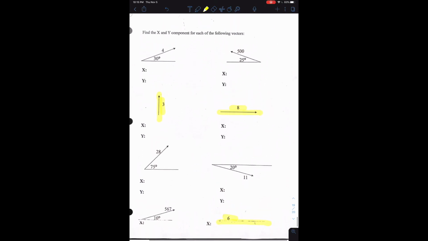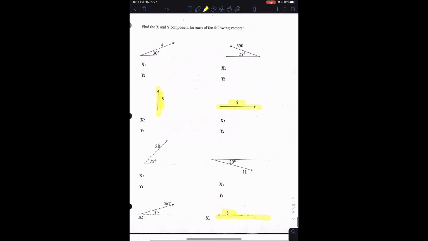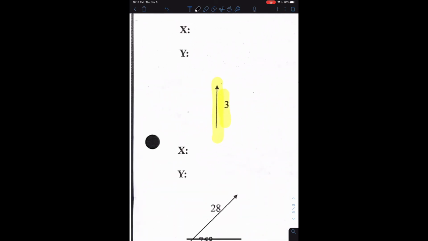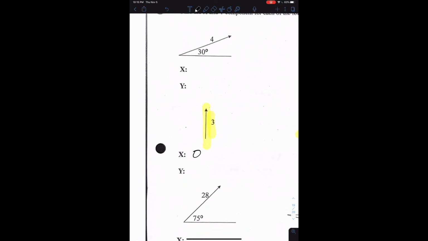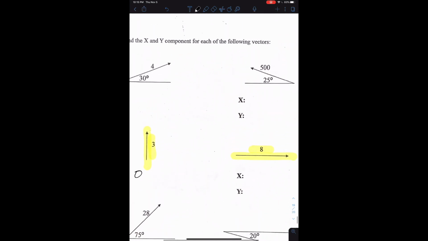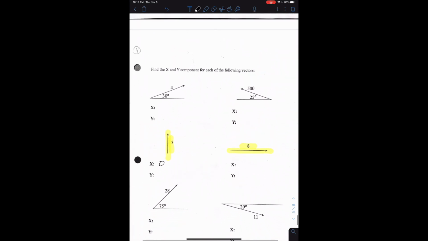I'm not sure what happened to the letter Y down there at the bottom. Okay, so let's go ahead and talk about this. So for this one right here, its x component is obviously 0. And we'll assume, just to keep this kind of similar, that all of these magnitudes have units of meters per second. So let's write that at the top.